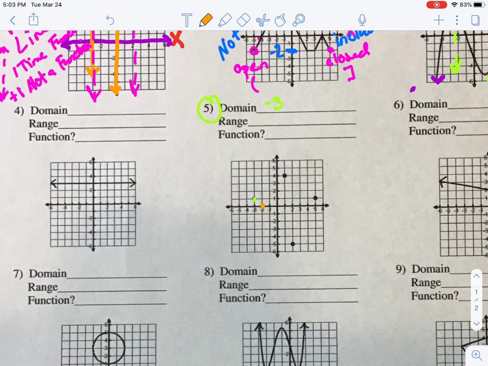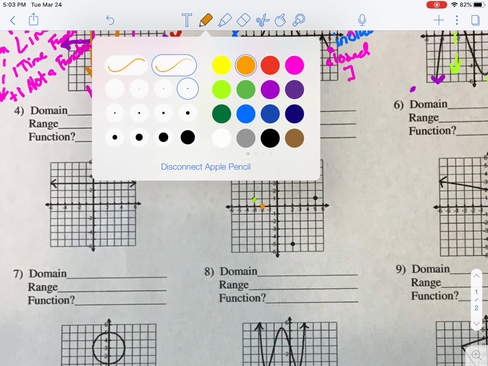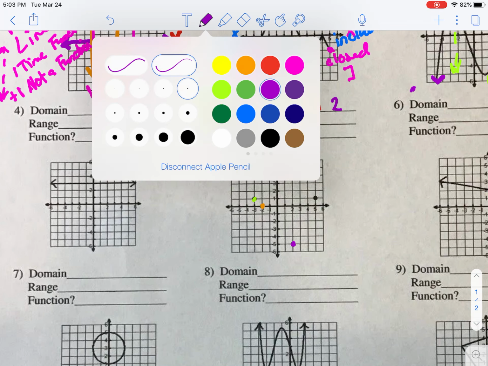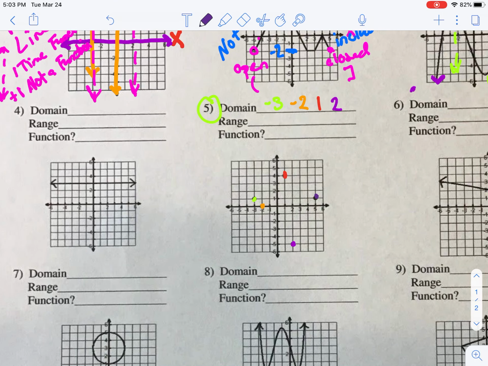We have another point here. X value is -2. Here's another point. X value here is +1. Here we have another point. Our x value is 2. And here's our last point, and the x value is 5. So there is our domain.